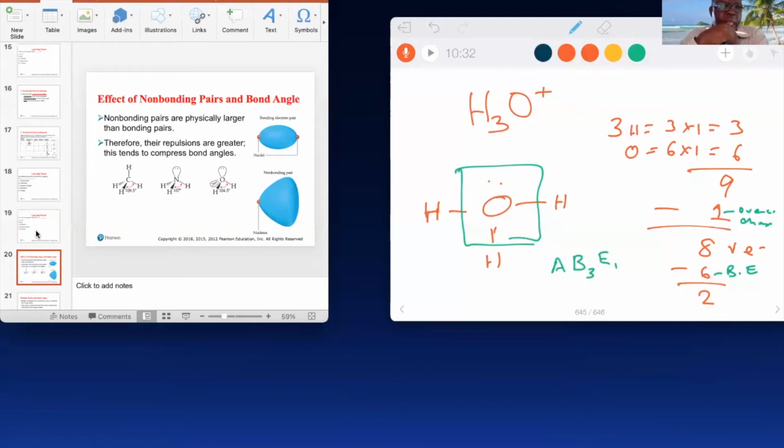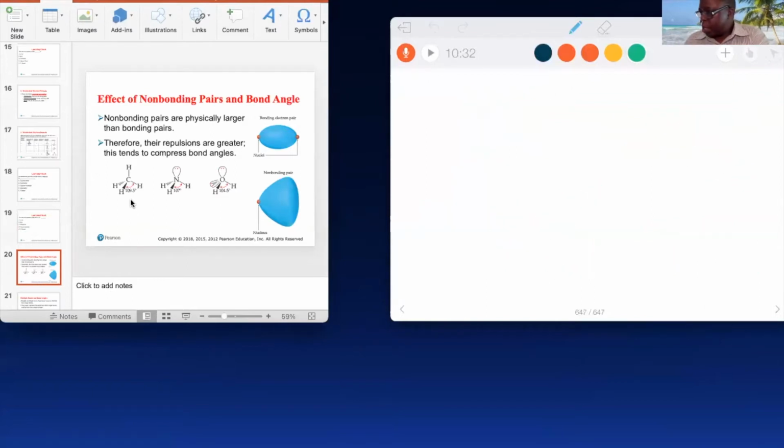Why do we say 104 or 107 or other angles than what we project from the Lewis structure? For example, methane, it is oversimplified.